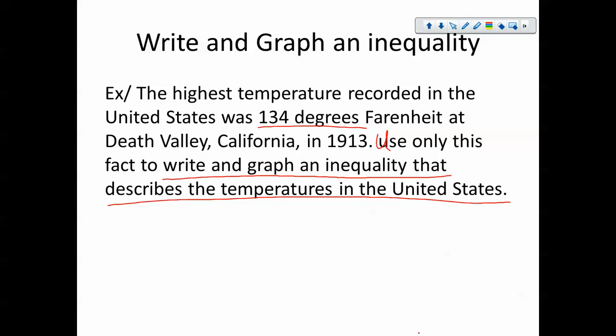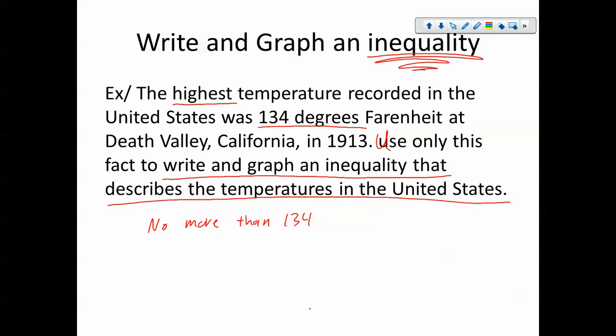It says the highest temperature was 134 degrees, which means no more than 134, right? 134 has to be the highest. So we want to use an inequality to represent that.